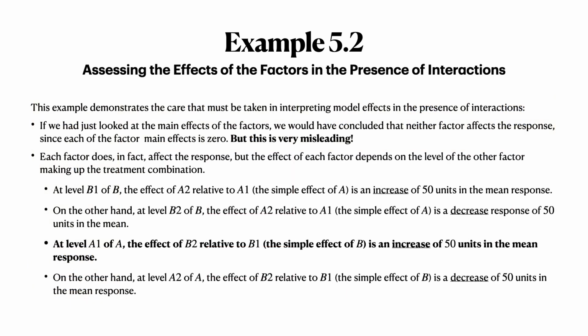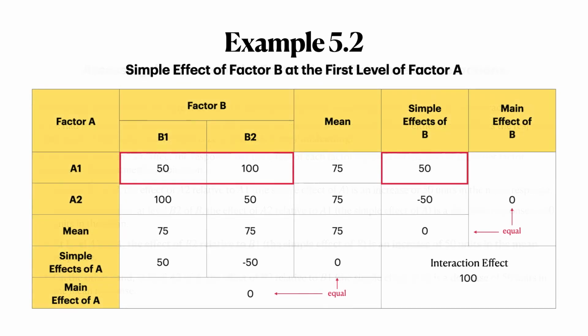Likewise, at the first level of factor A, A1, the effect of B2 relative to B1, which is the simple effect of B, is an increase of 50 units in the mean response. And so we can see that here at the first level of factor A, the effect of factor level B2 relative to B1 is an increase of 50 units.